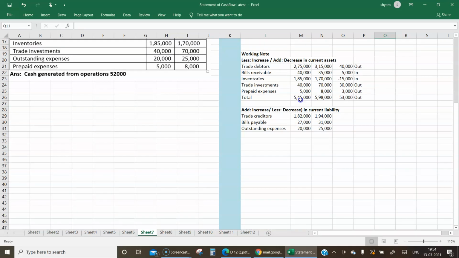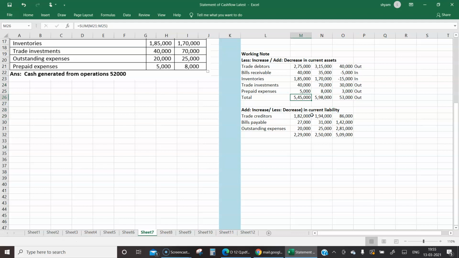We'll do the same for current liabilities. I will explain each number here.